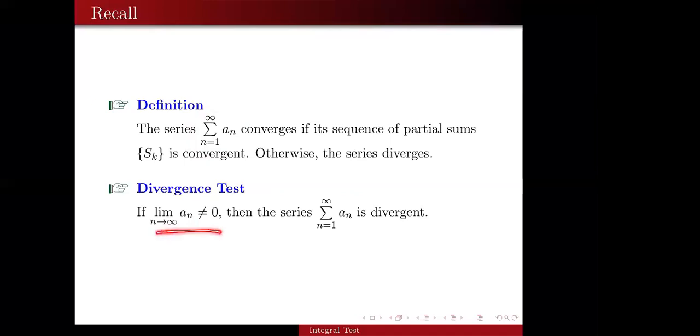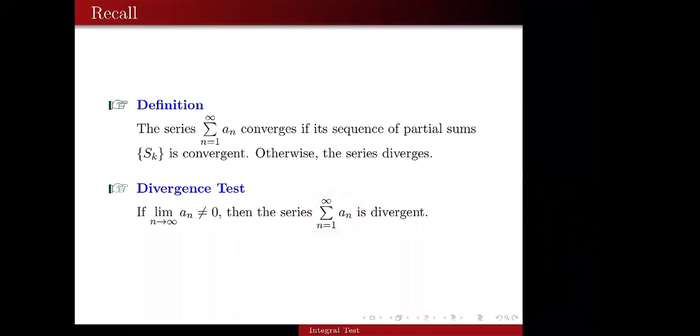If the limit is not equal to 0, then we are sure that the series is divergent. So if the terms do not go to 0, then the series is divergent.